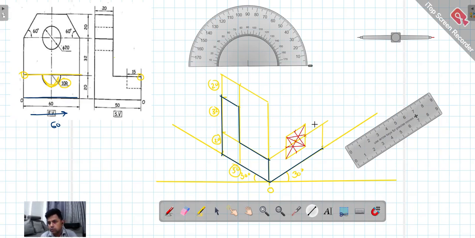Okay, so now what is our requirement? Our requirement is to draw this circle and draw this circle. So basically, to draw this circle I need to have this center, and to draw this circle I need to have this center. Okay, so I'm taking an instrument to draw it.